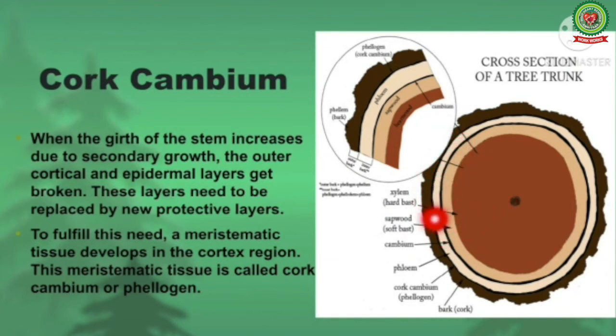This results in the rupture of cortex and epidermis. The outer cortical cells become meristematic and begin to divide. This is known as cork cambium or phellogen. The cork cambium divides to form secondary tissue on both sides, that is internal and external. But its activity is more on the outer side than on the inner side.